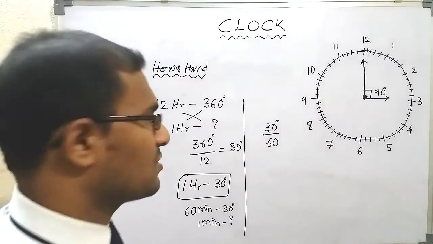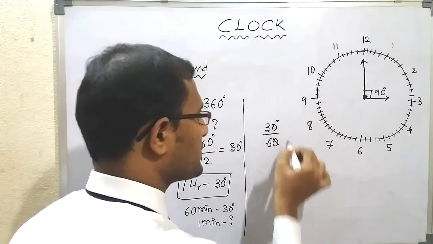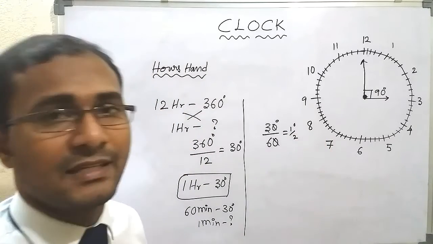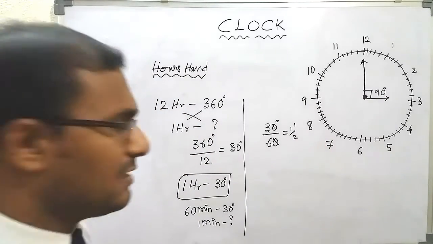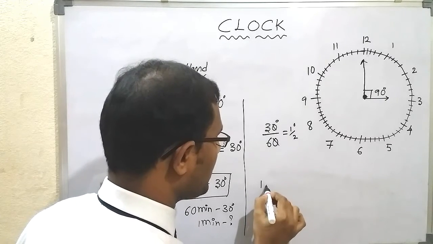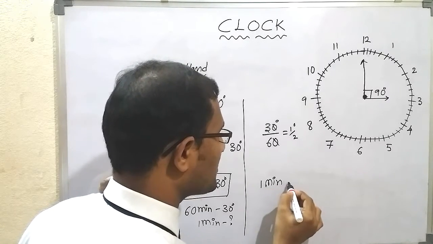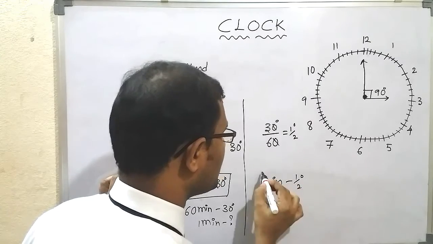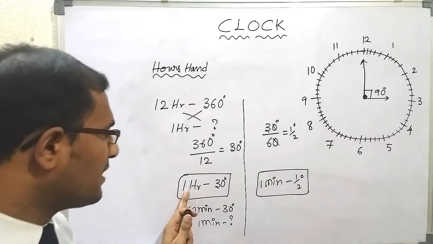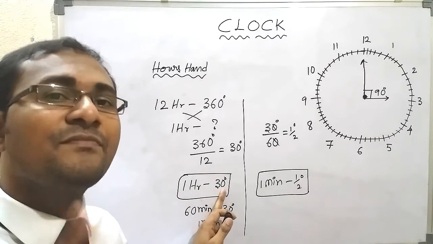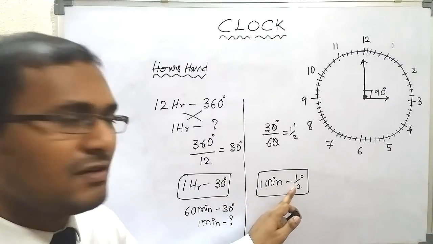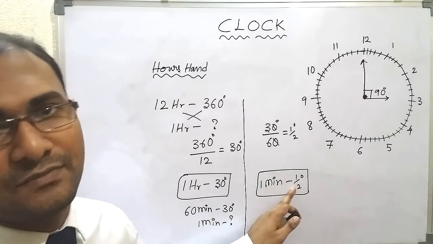The 0 gets cancelled out, so it is half degree. For every 1 minute, the hours hand covers half degree. This point also we have to remember. So for 1 hour, the hours hand covers 30 degrees, and for every 1 minute, it covers half degree.